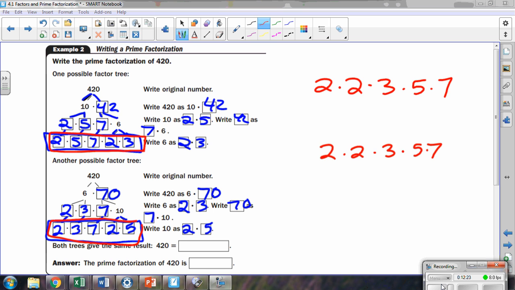Thus, we have our prime factorization of 2 times 2 times 3 times 5 times 7. And that's our prime factorization. Whether we put it in this order first, that order, or descending order, it doesn't matter which format we use, as long as the numbers are correct, the order doesn't really play a role.